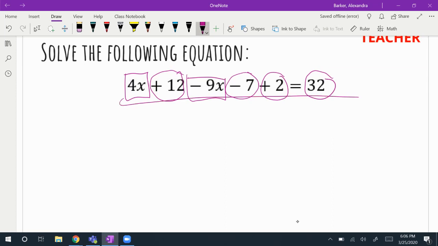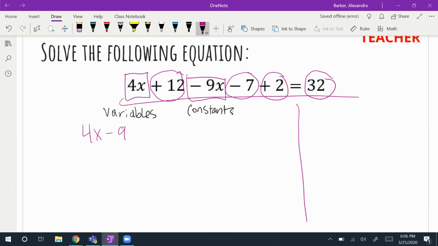Now that I can see that, all I need to do is combine my variables together and combine my constants together. So I'm going to put my variables over here, and I put my constants right here. And I just have to combine those together. It's not as scary as it looks. It looks very scary. But all I need to do is combine these boxes together to start.